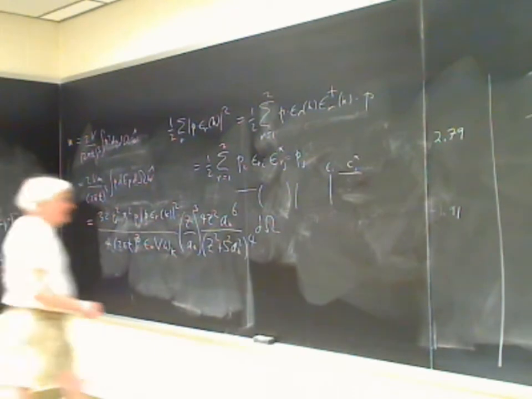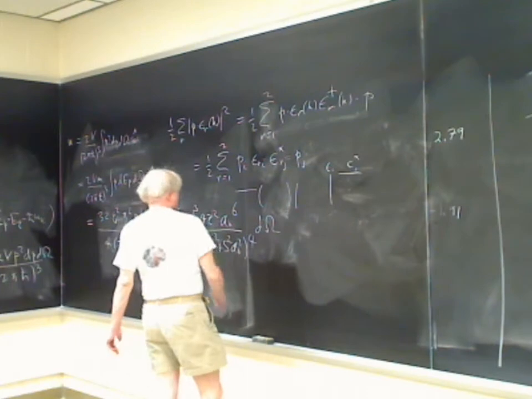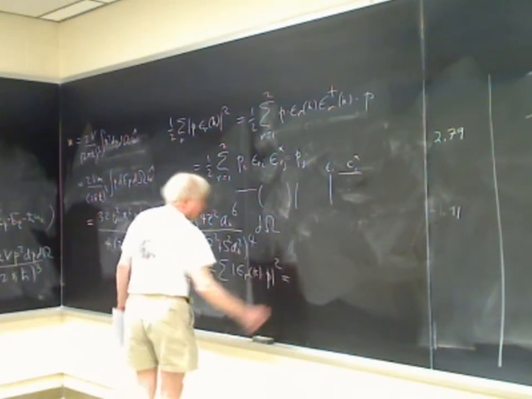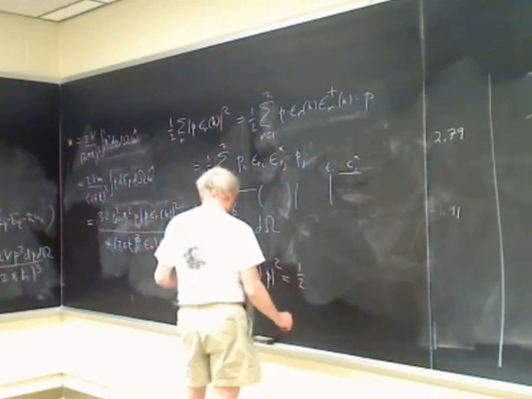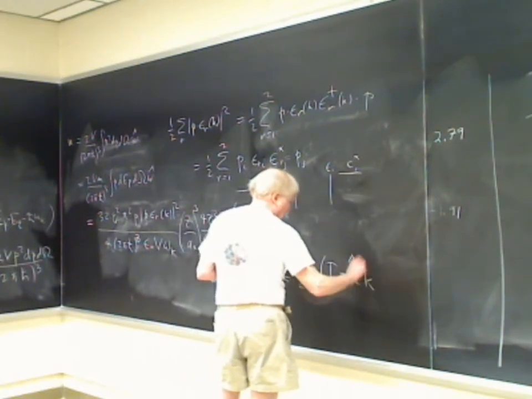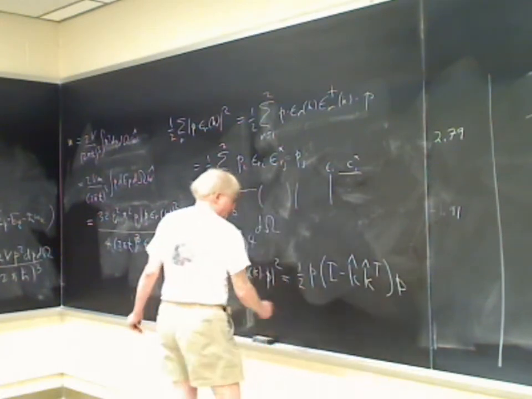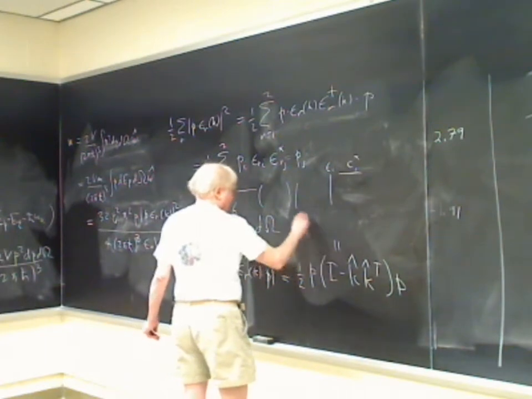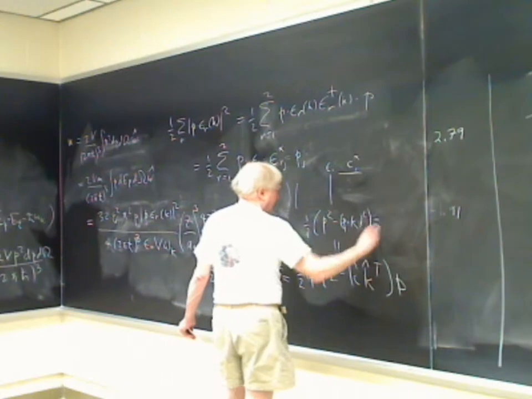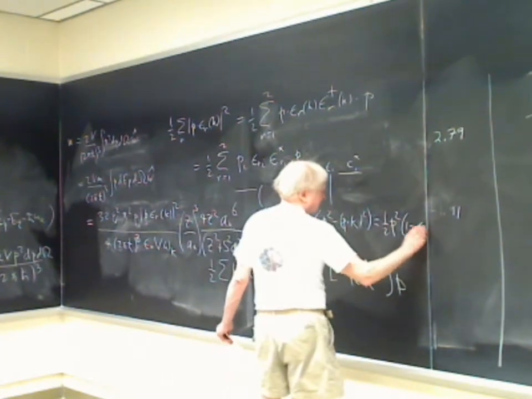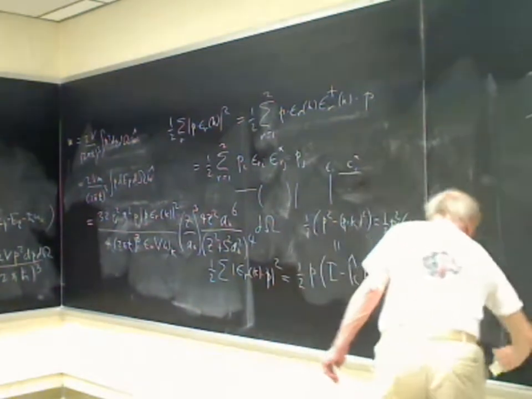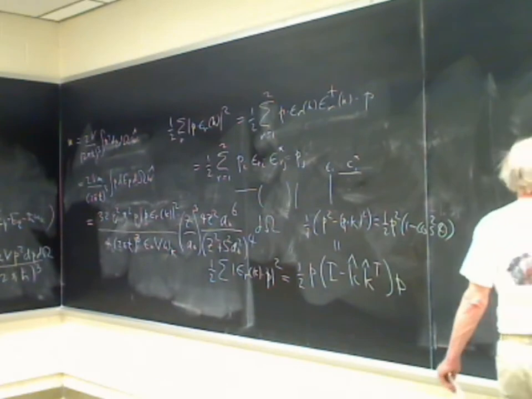So we get down to 1/2 the sum of |ε_R(k)·p|², which is 1/2 p on the left, the matrix I minus k hat transpose, p, and that equals 1/2 (p² minus (p·k)²), which is 1/2 p² (1 minus cos²θ). Here the angle between p and k is θ.